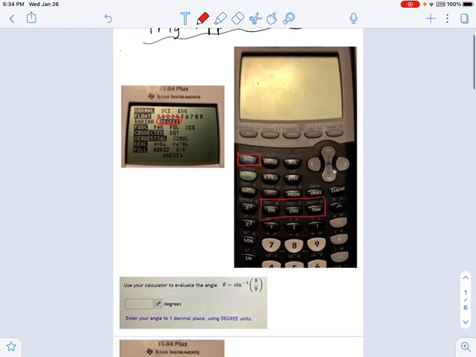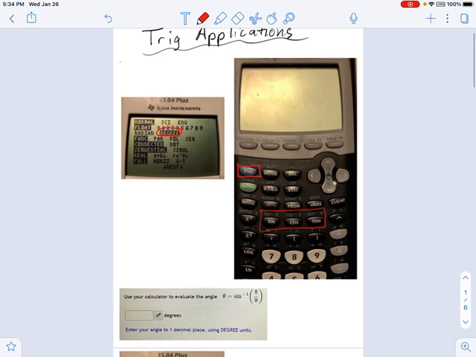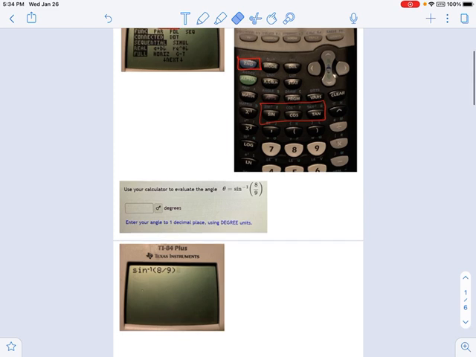Okay, so we've got a problem here that says use your calculator to evaluate the angle theta equals the inverse sine, or the arcsine, of 8/9. All I do for this is, I know a lot of people are going to love this, just type it into the calculator, and that does the work for you. So you say arcsine or inverse sine of 8/9, and that's going to spit out an answer for you.